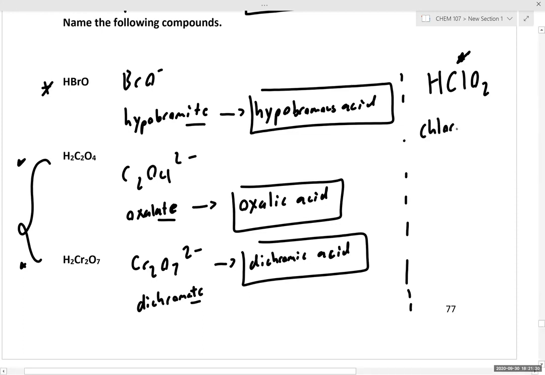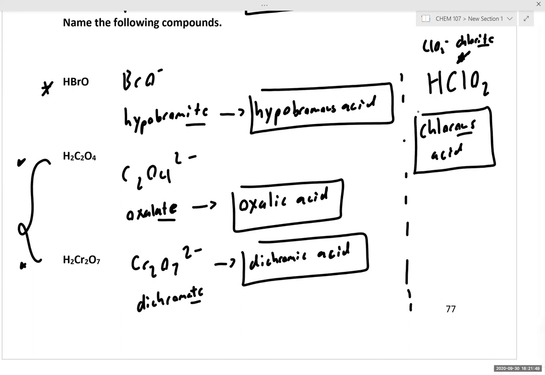In other words, chlorous acid, because ClO2 minus is known as chlorite, and we replace ITE with OUS. Remember, the hydro prefix is only used for binary acids. Does that make sense? Yes, thank you. Perfect.